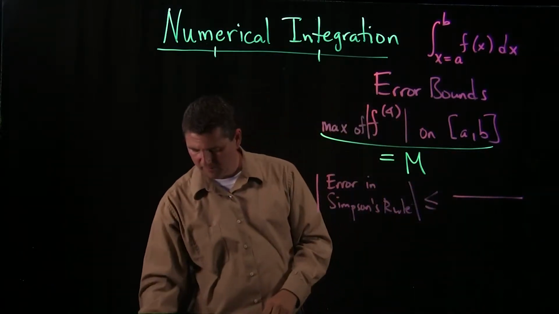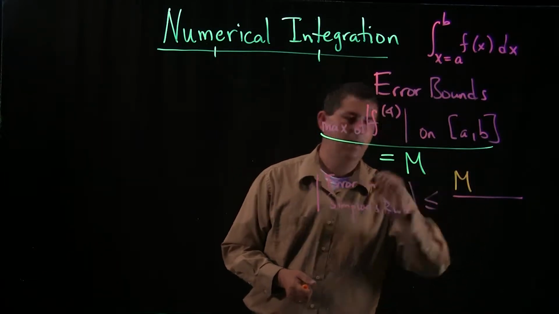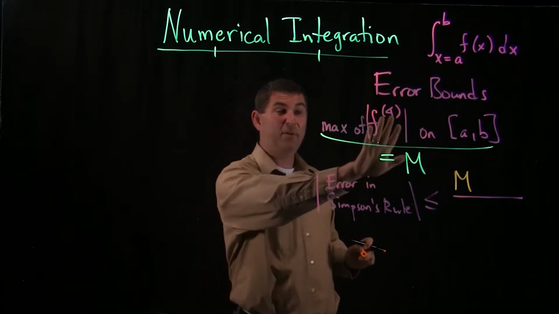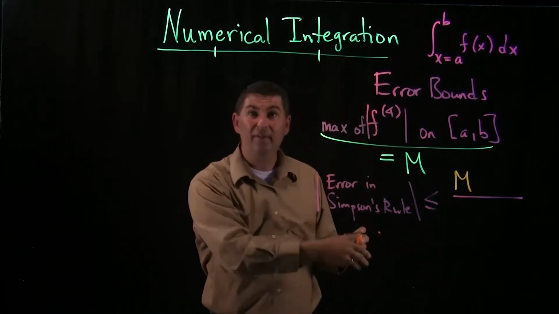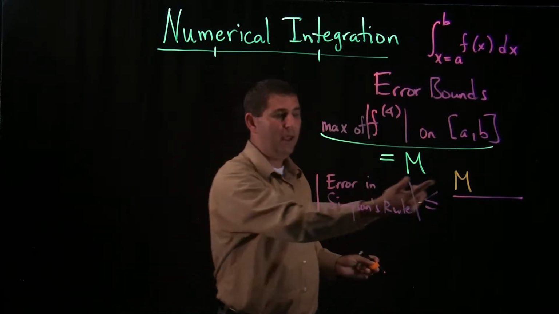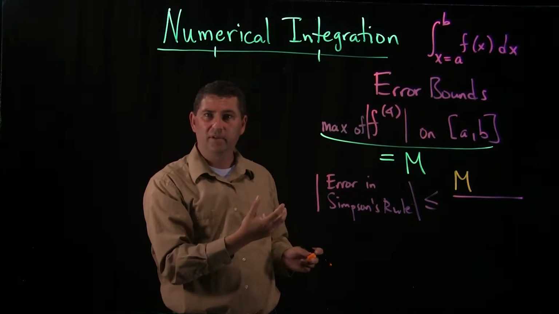What's going to go into this fraction? Well, in the numerator, I get this M, this max value. So somehow, the absolute value of the fourth derivative of the function on this interval is important. Who knew? It's actually going to be a bound on the error I get using Simpson's rule.